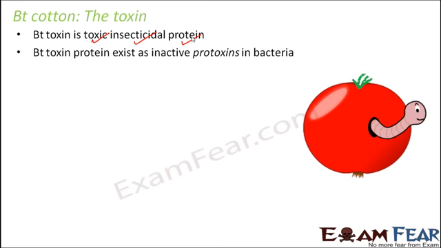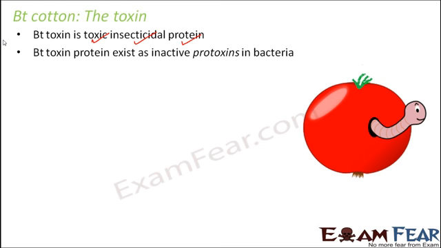So how does it work? One important question that might arise in your mind is: when BT toxin is toxic and harmful in nature, then why doesn't it harm the bacteria when it is present inside the bacteria? The bacteria is producing BT toxin inside its body, so why is it not killing the bacteria itself?